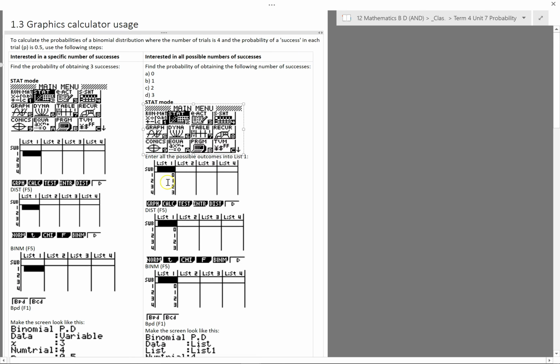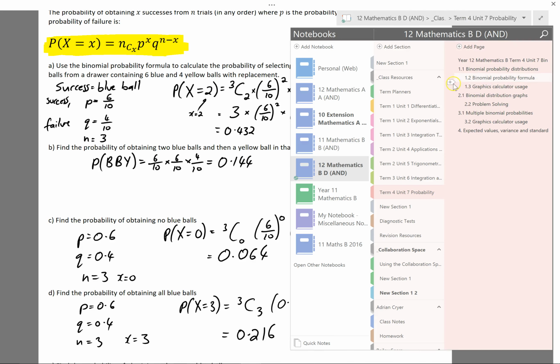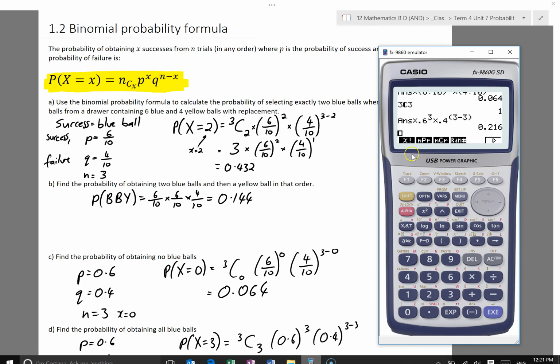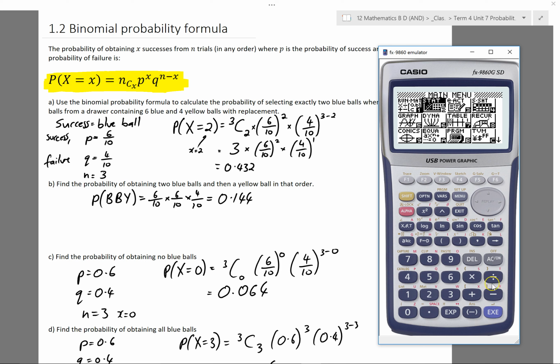I'll put some steps here of how to do it, but I'll just quickly show you how I could check this first example. So I go into my stat mode. It's a distribution, a binomial distribution, and I want a binomial probability. So I change this to variable.